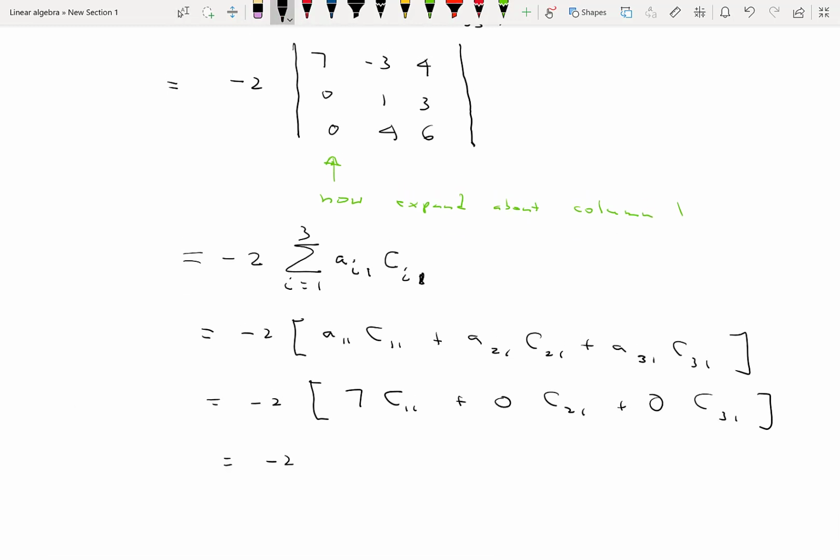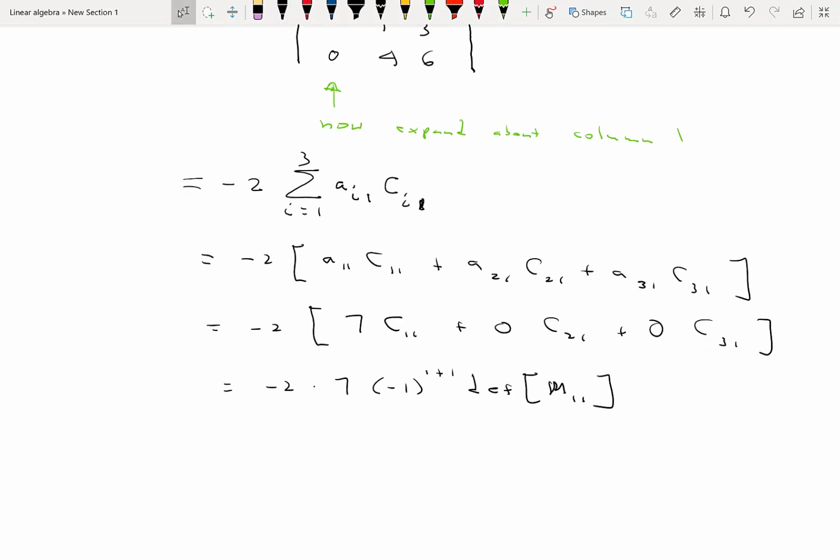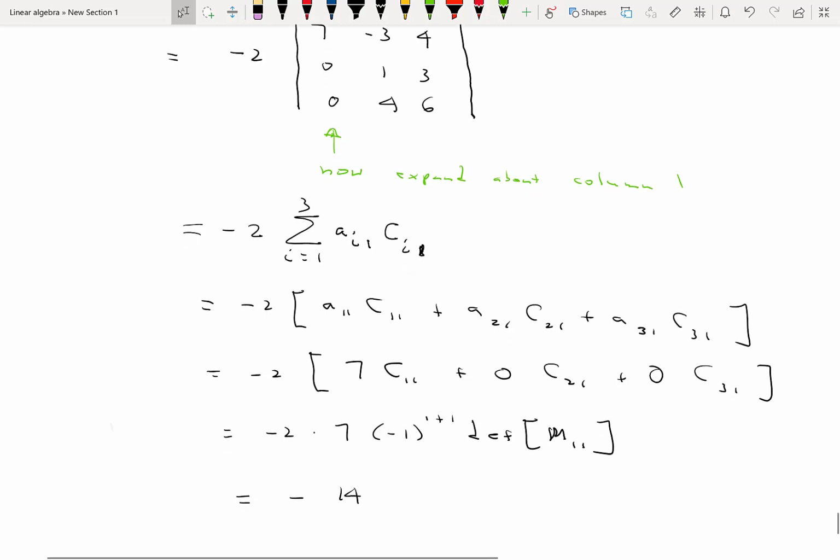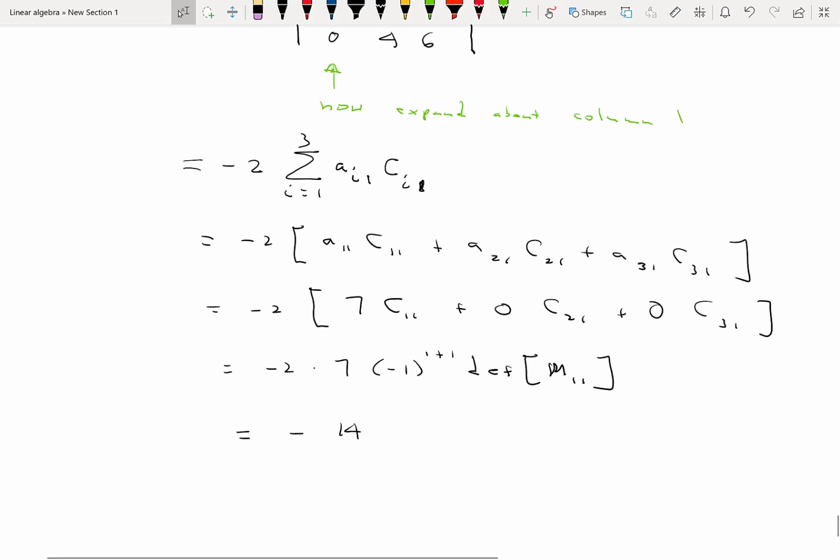Or -2 times 7 times -1 to the 1 plus 1 times the determinant of the 1,1 minor of our matrix now. Super simple here. So this is -14. The 1,1 minor: delete first row and first column. You're left with 1, 3, 4, and 6.